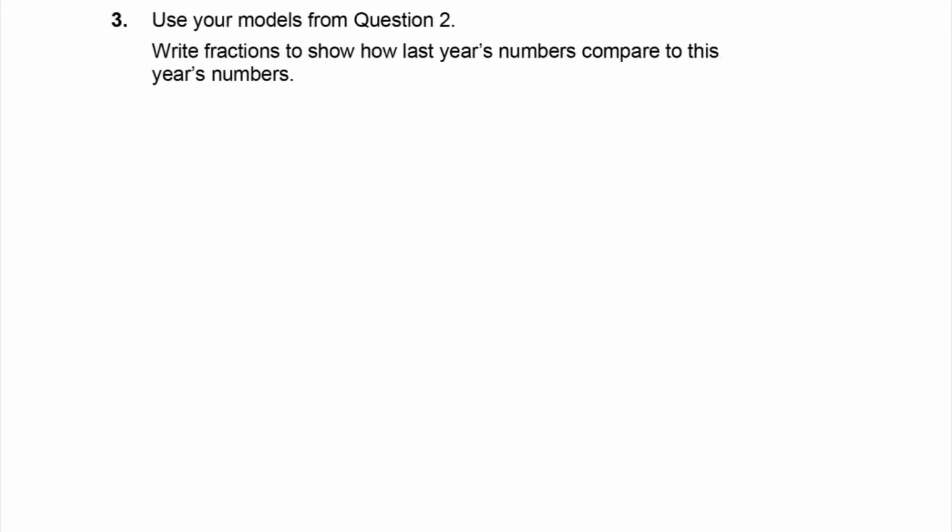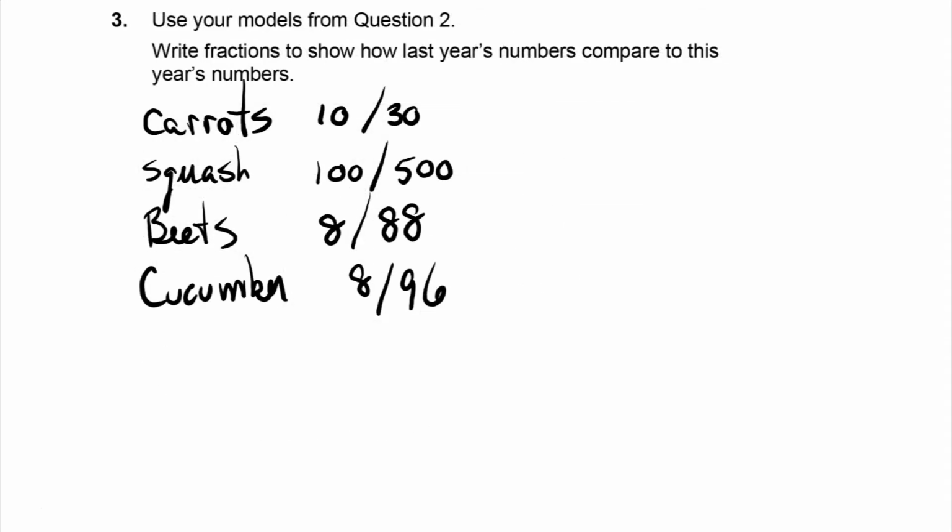For question 3, we're asked to use the model from question 2 and write the fractions to show how last year's numbers compare to this year's numbers. So you can see that when we write them out this way, we've immediately got what looks to be a fraction, which we of course remember from our earlier lessons is a division question.